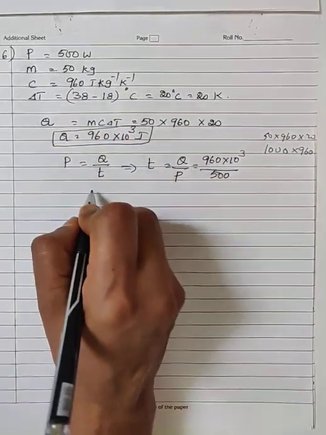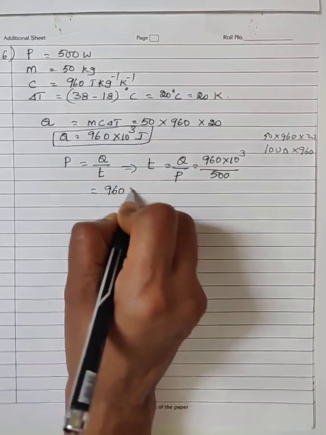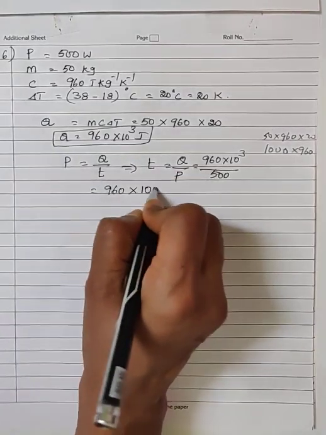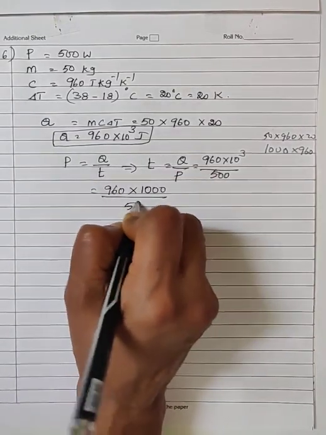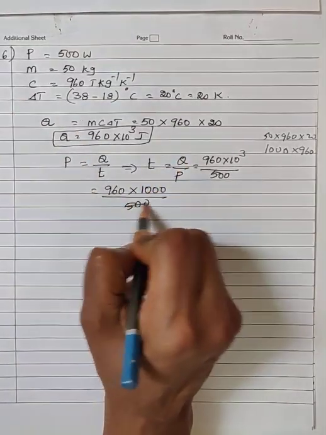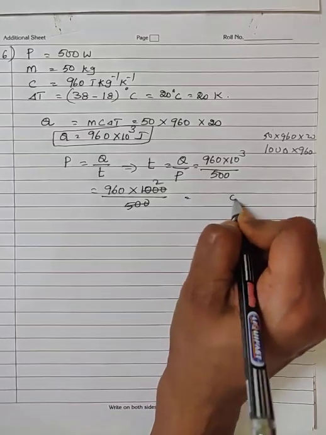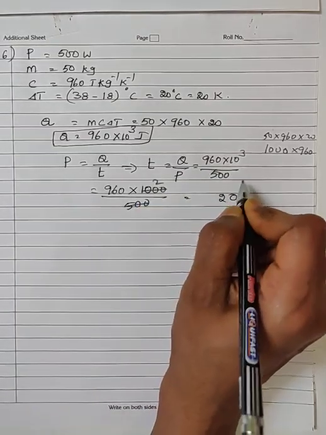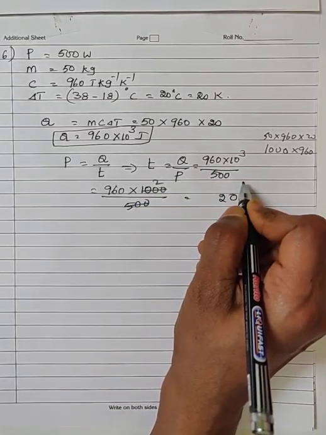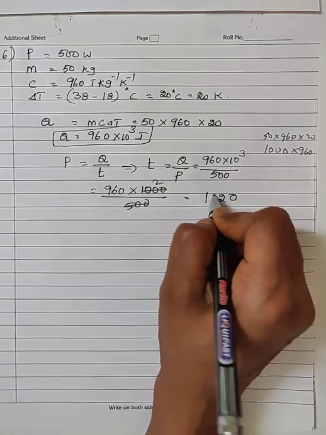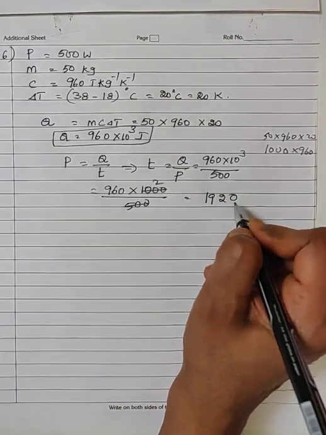Yes, this I can write as 960 into 10 power 3, which is 1000, divided by 500. So 2 into 0 is 0, 2 6s are 12, remaining 1, 2 9s are 18, 18 plus 1 is equal to 19, 1920.